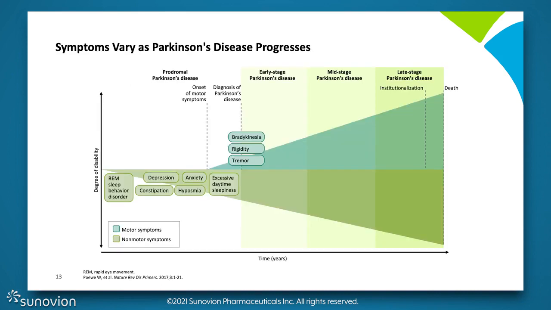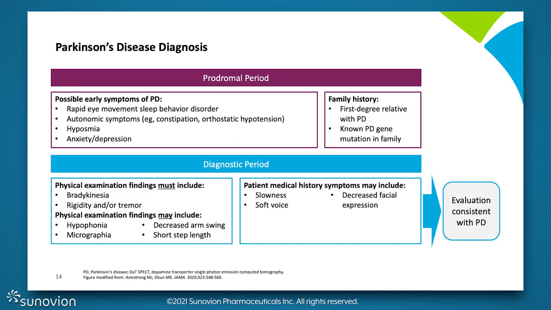And this graph demonstrates the progression of those prodromal symptoms that patients may experience in retrospect when the diagnosis is made. And we ask about these. Oh, yes, these were present before the motor symptoms occurred. But it's important to recognize that patients who may have some of these prodromal symptoms should be specifically evaluated for whether bradykinesia, tremor at rest, or rigidity are present, because then the diagnosis is able to be made.